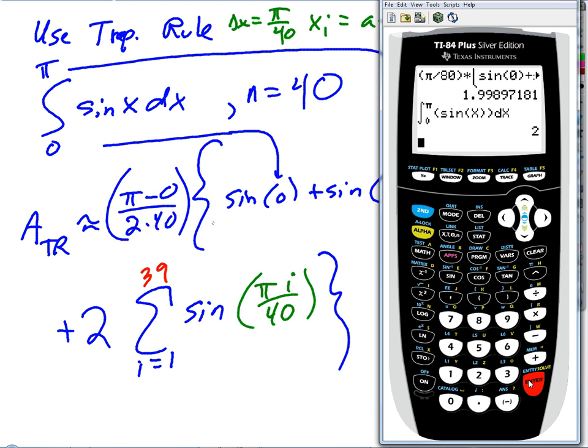Yes, sir. What's the use of this? The use of this is that this is a numerical method for approximating. Before we had graphing calculators, this is how you had to do it. Adding up areas under curves, that's huge.